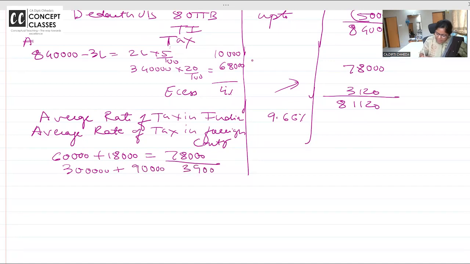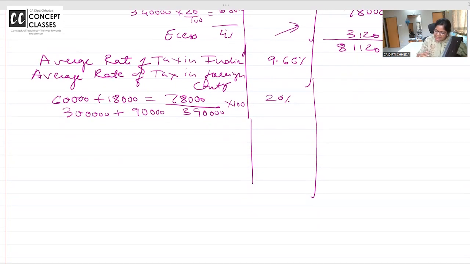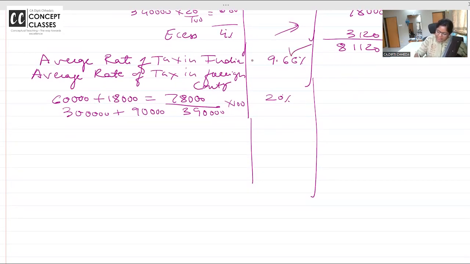So 78,000 divided by 390 into 100 is 20%. Whatever tax you have paid is least, that much you will give the relief on the foreign income. Relief under section 91. Easy, no?